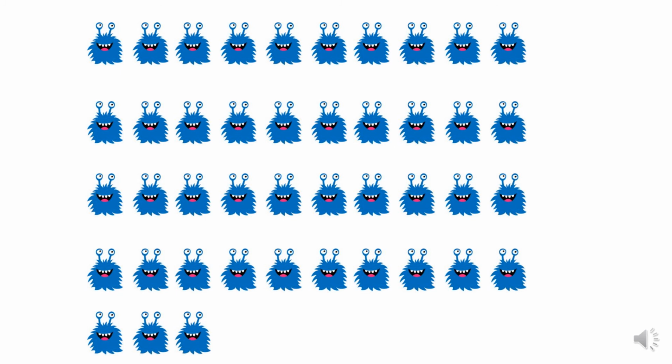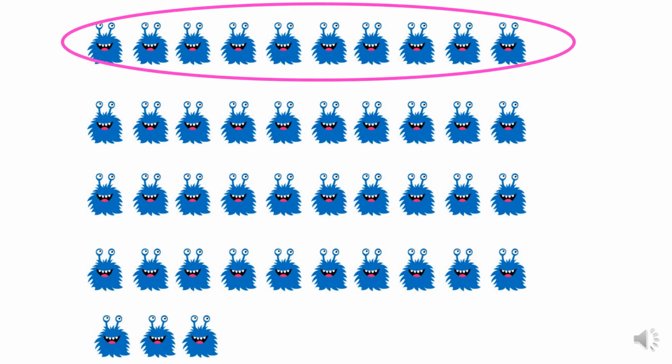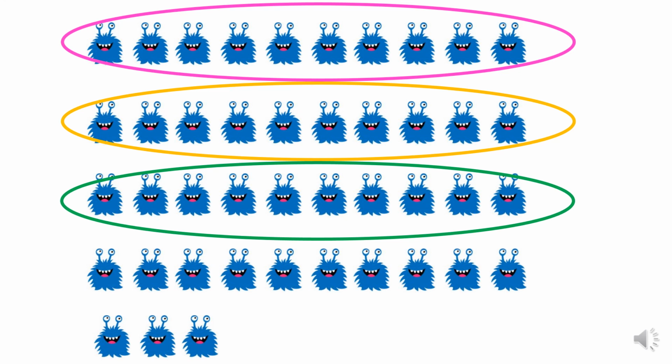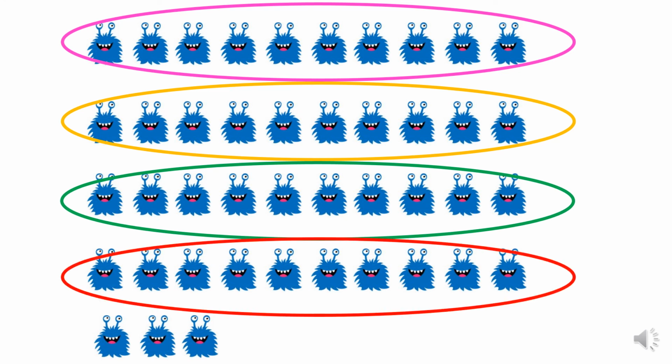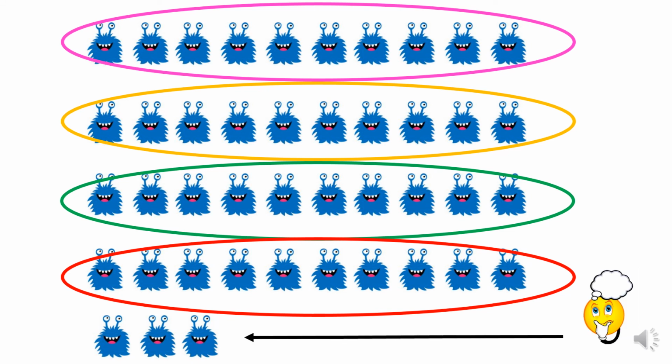So here are our 43 aliens. And I've grouped the aliens into groups of 10. One group of 10, two groups of 10, three groups of 10, four groups of 10, but oh dear, what do you notice about these 3 aliens now?